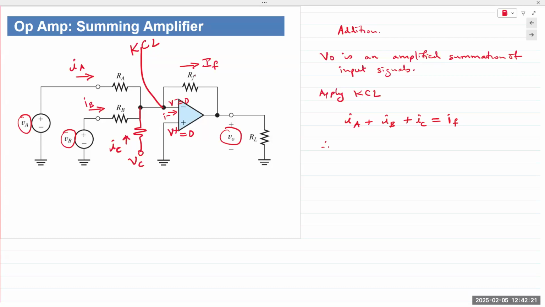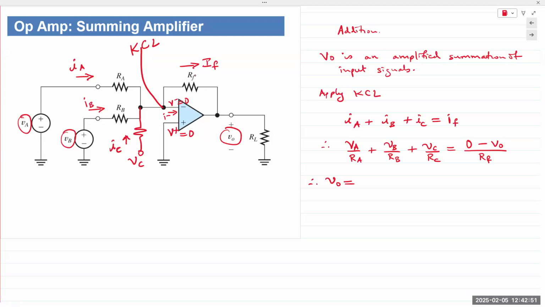You can apply Ohm's law. We can write VA over RA plus VB over RB plus VC over RC is equal to IF. IF would be 0 minus V out over RF. Okay. We rearrange the terms.